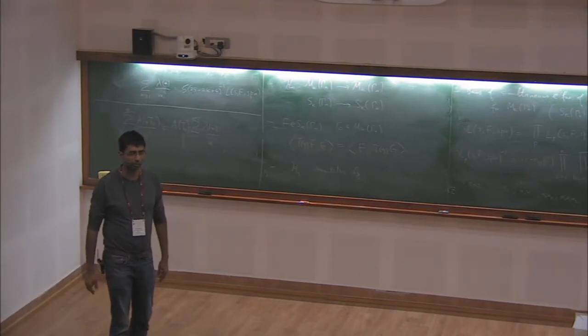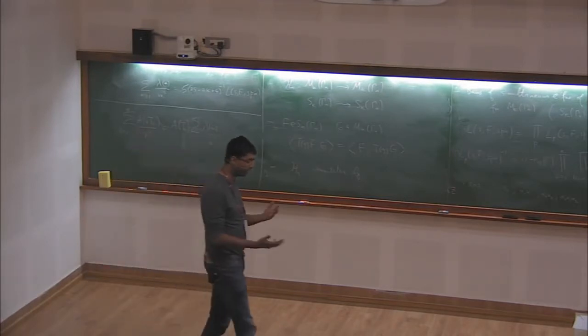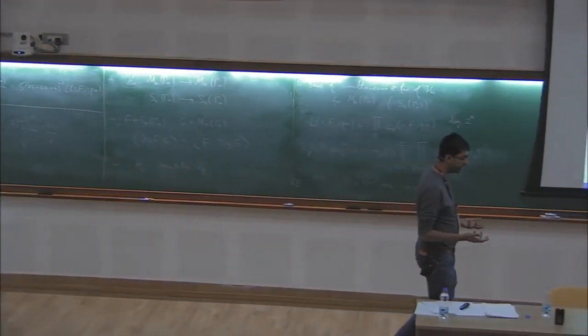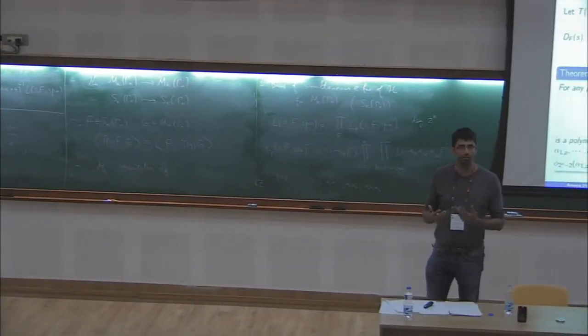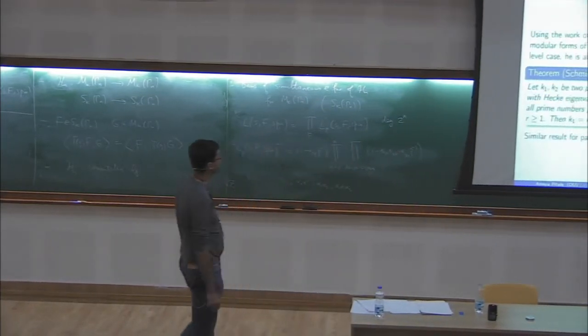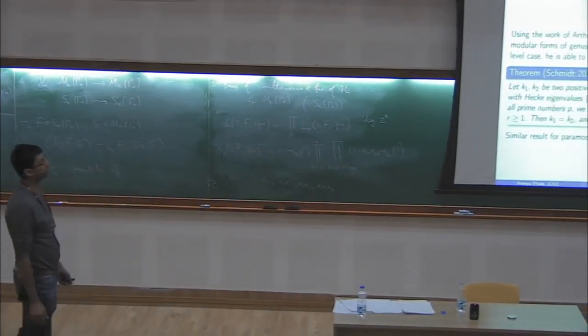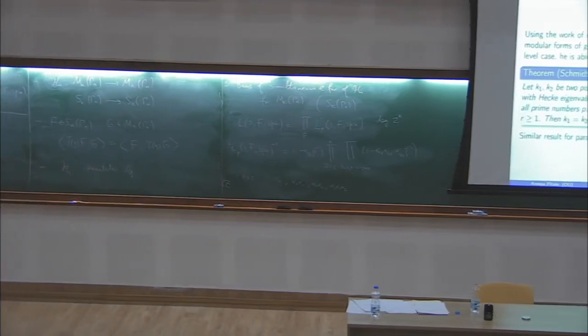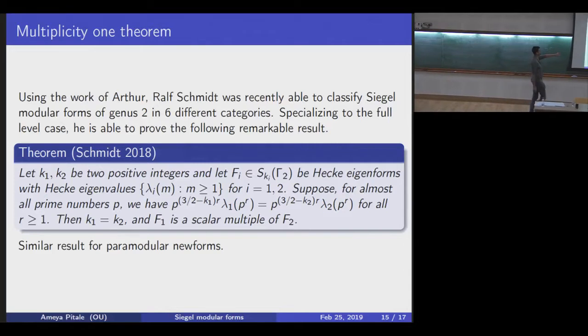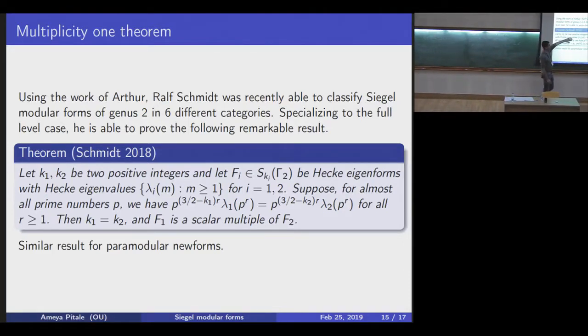People thought the answer should be yes. When you look at non-trivial level, then Schulze-Pillot came up with some counterexamples. But this is a brand new theorem by Ralph. So what does the theorem say? It says that if you leave out finitely many primes, and for all other primes, you look at all of these Hecke eigenvalues for all powers.